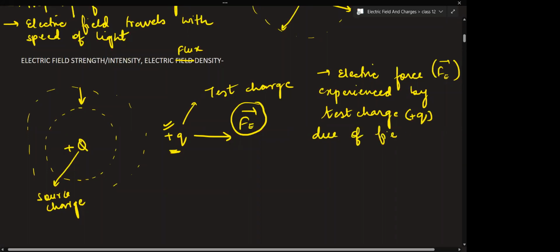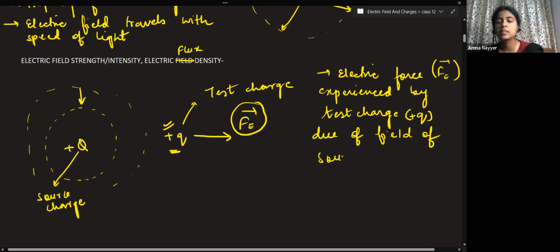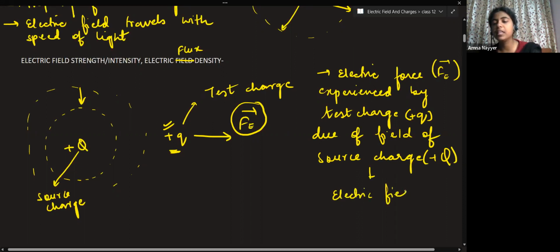Source charge. This is due to the field of source charge positive capital Q. This is what is meant by electrical field strength or electric field intensity.